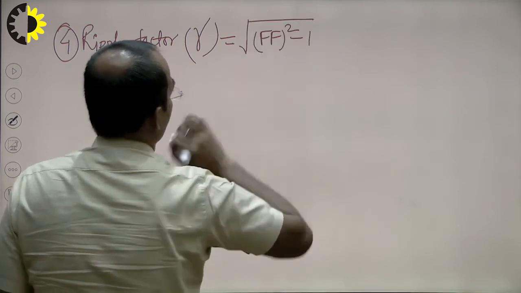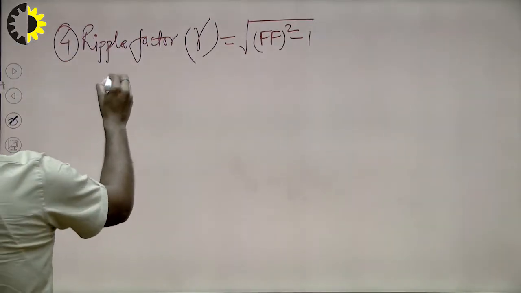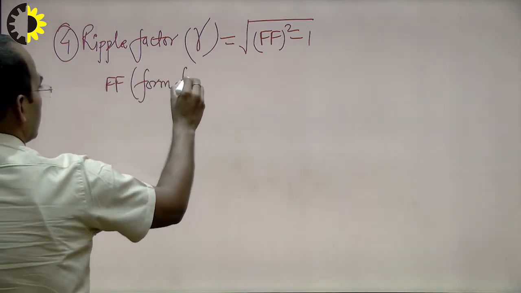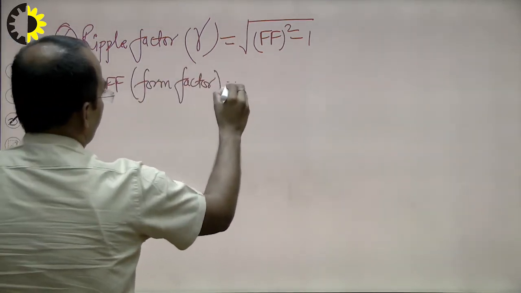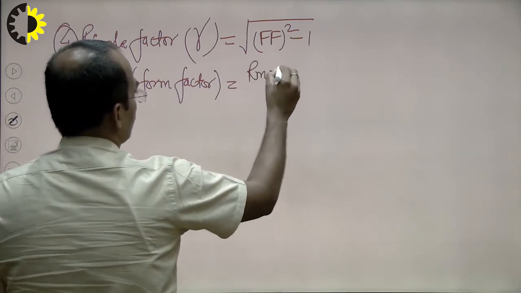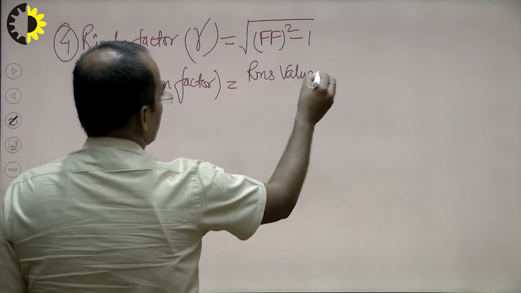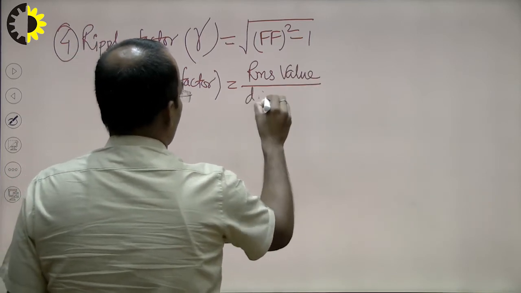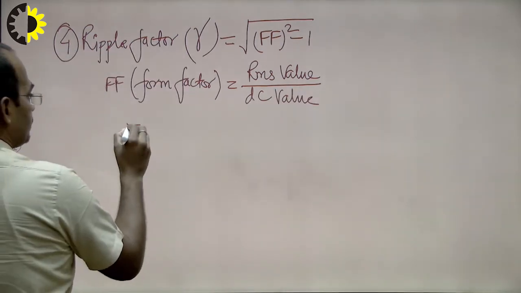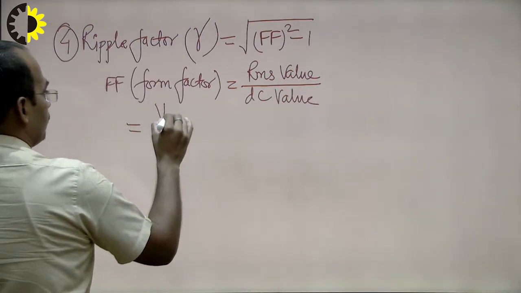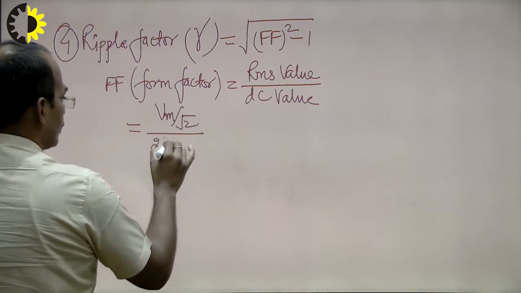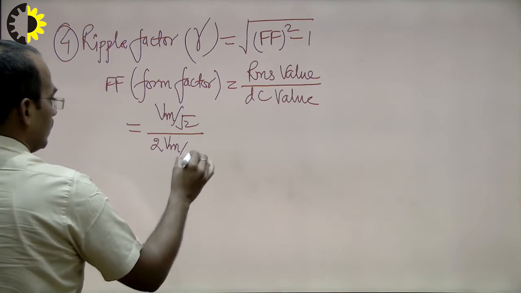Form factor Ff is given by RMS value upon DC value. RMS value I have already defined as Vm by under root 2, and DC value is twice of Vm upon pi.